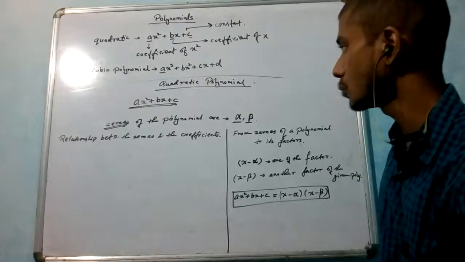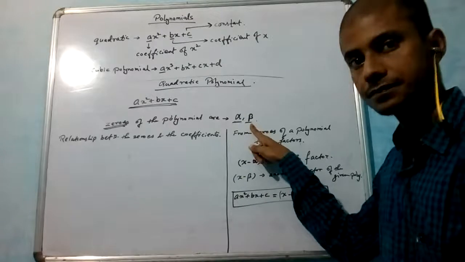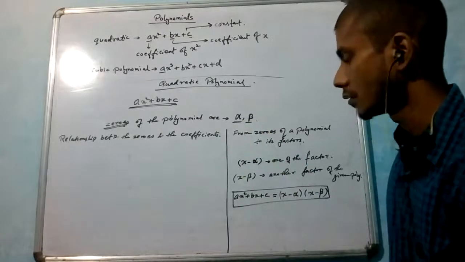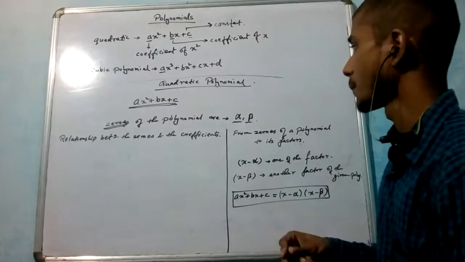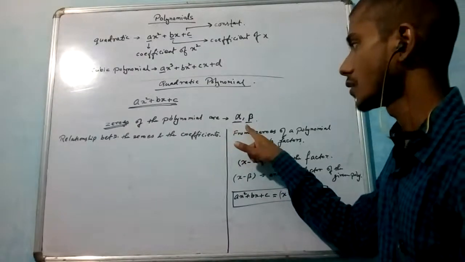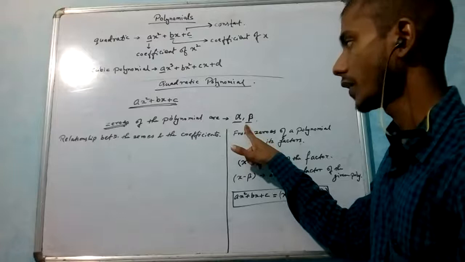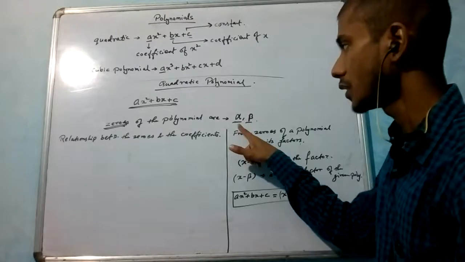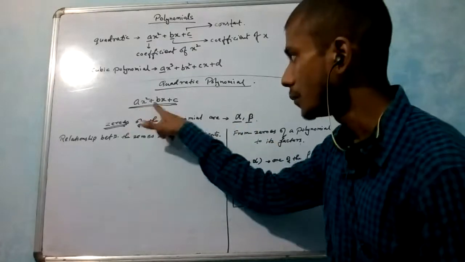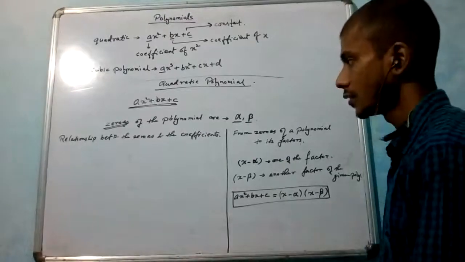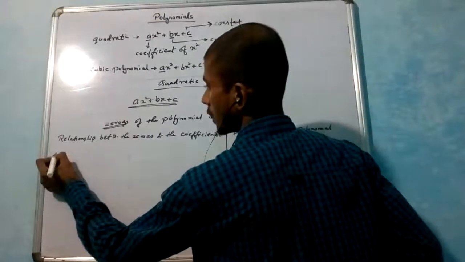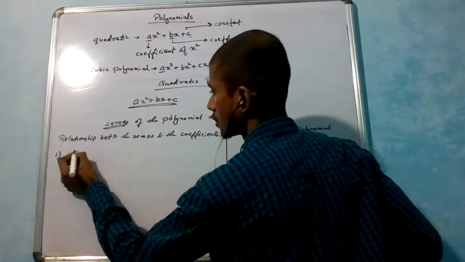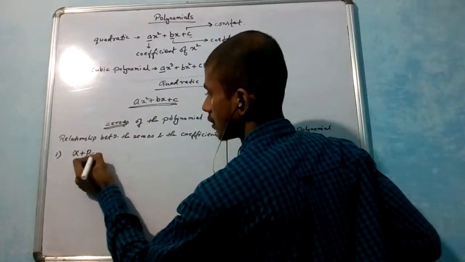So what zeros have we assumed? Alpha and beta. Are you here? Listen. So alpha and beta are the zeros. Fine. And we have a relation between this alpha and beta and a, b and c. So what relations do we have? We have two relations. The first one is the sum of the zeros, alpha plus beta.